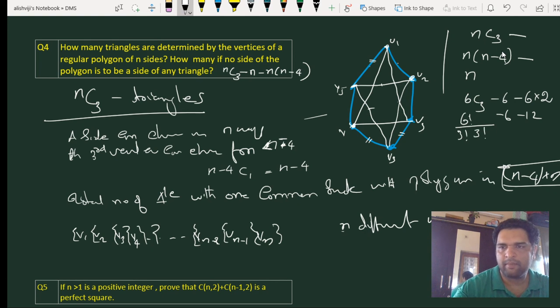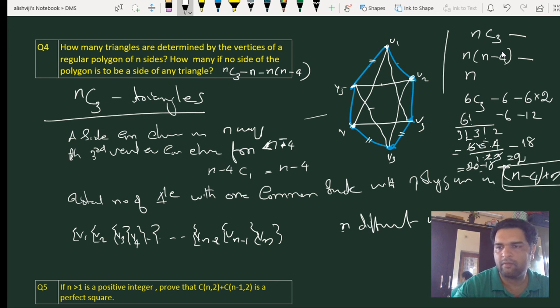And this number is 6 into 5 into 4 divided by 1 into 2 into 3, minus 6 minus 12, that is minus 18. Cancelling, 2 into 2 is 4, 4 into 5 is 20, so it is 20 minus 18, that means equal to 2.